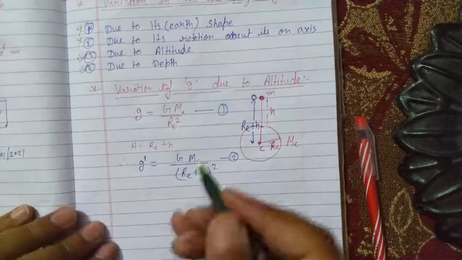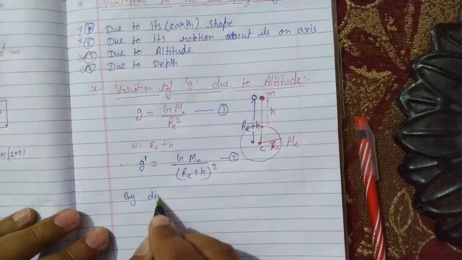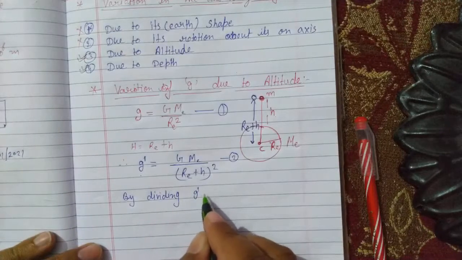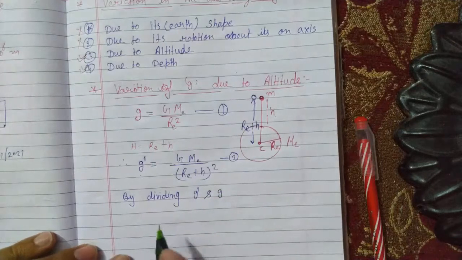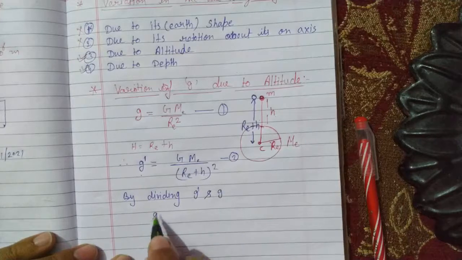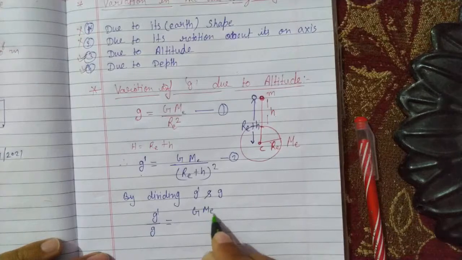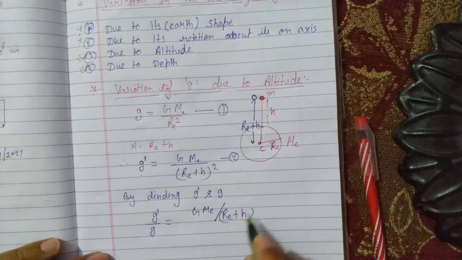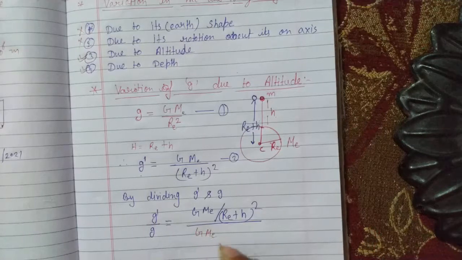Now, dividing g dash and g, we get g dash upon g is equal to GME upon RE plus h whole square, upon GME upon RE square.